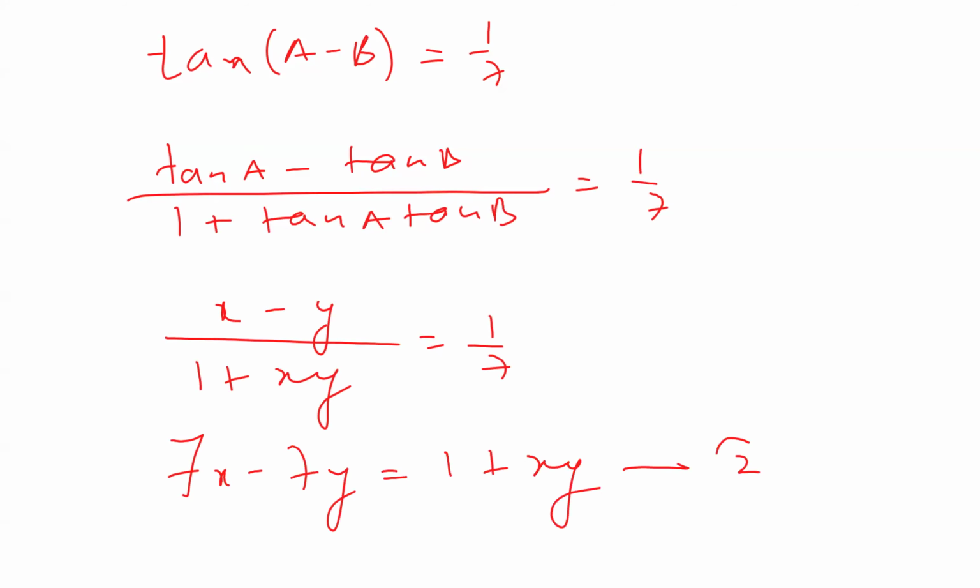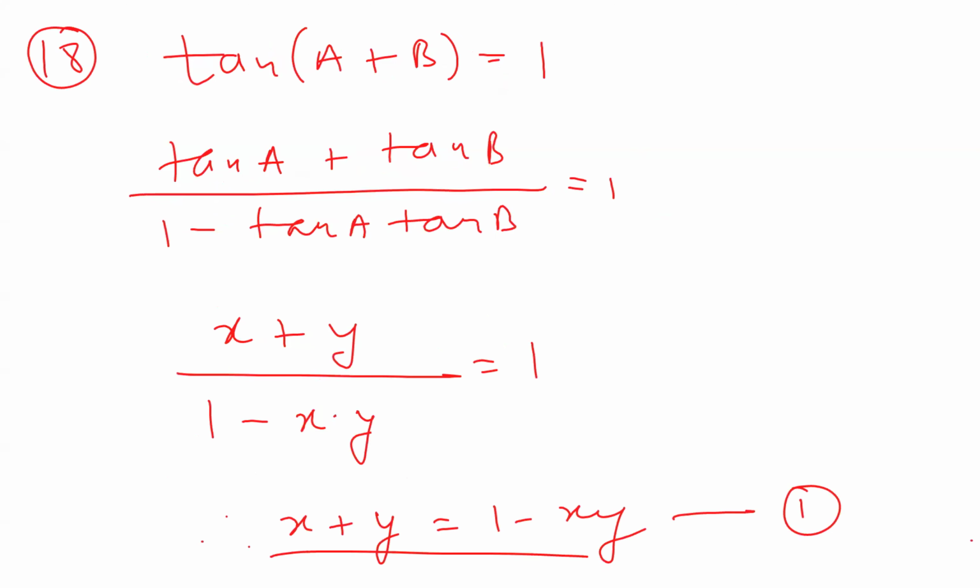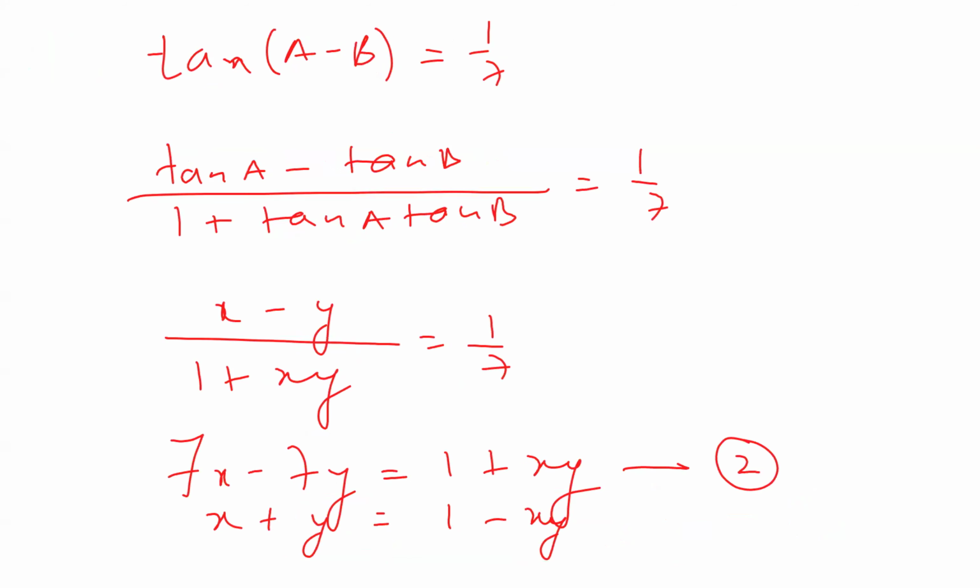Equation number 2. Right, so this is what I've got. I'll combine equation number 1 and equation number 2. I'm adding 2 and 1 because that xy and xy will get cancelled. So just add this.